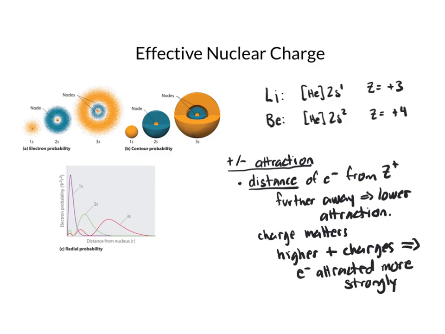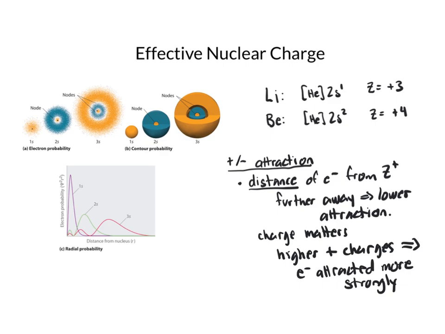So that means because beryllium has a 4 plus charge and lithium has a 3 plus charge, all of these electrons should be more strongly attracted to the beryllium than these electrons are attracted to the lithium nucleus.